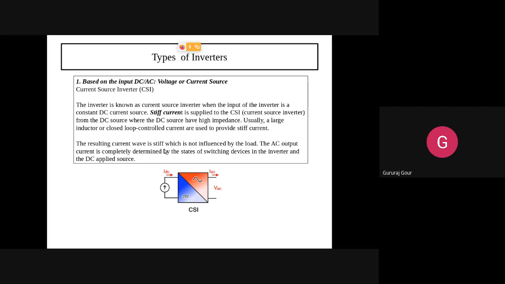The current is stable, which is not affected by the load. The AC output current is completely decided again by the switching elements used in the inverter block.